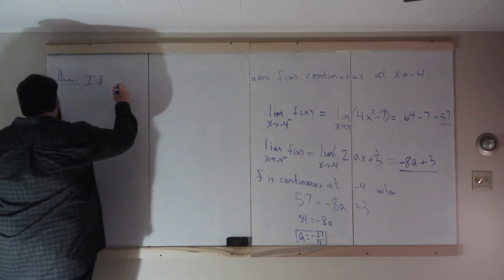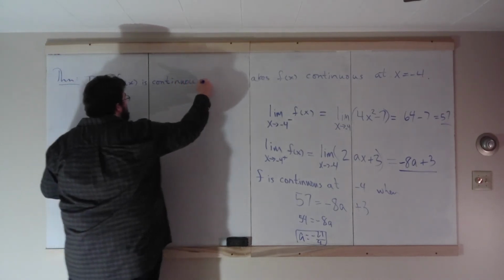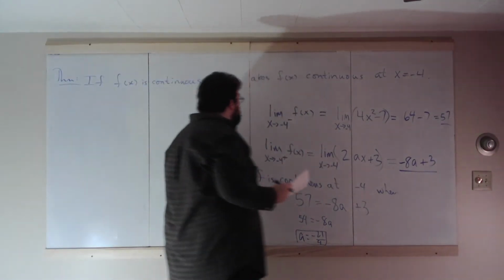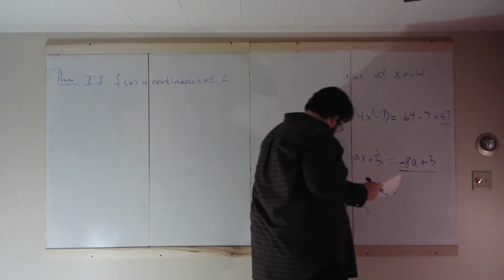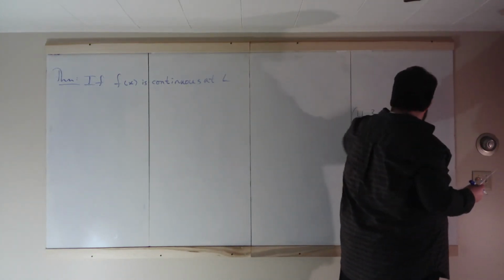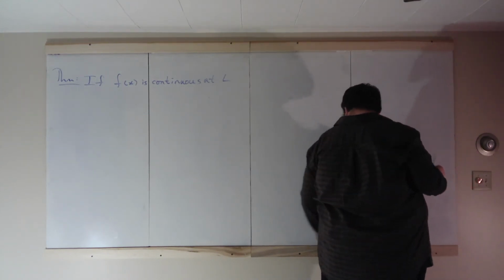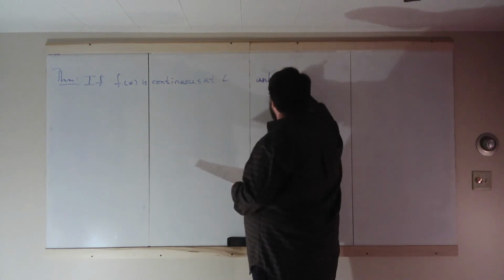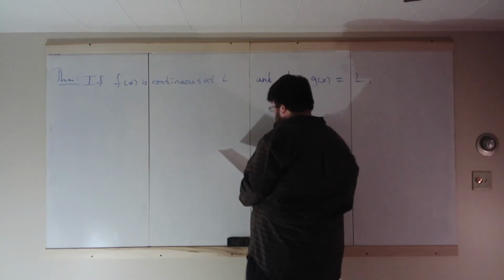If f is continuous at L, notice we're using L there instead of whatever other letter we've been using, A. If f is continuous at L and limit as x approaches A of g of x equals L, then what?